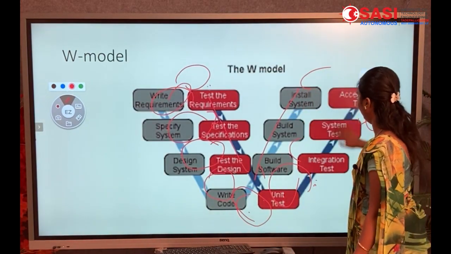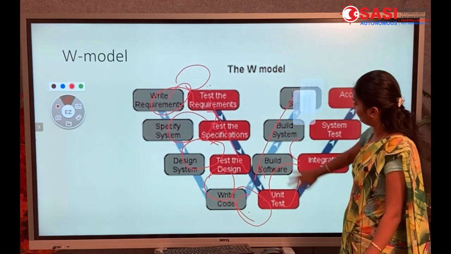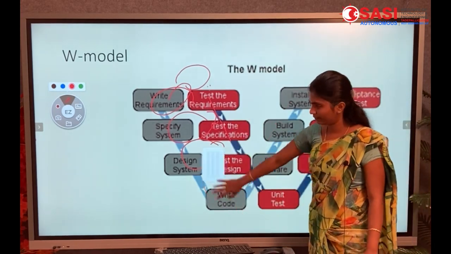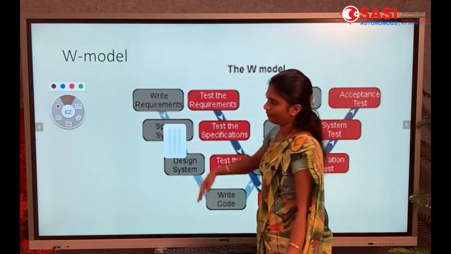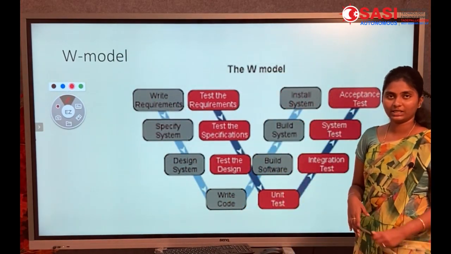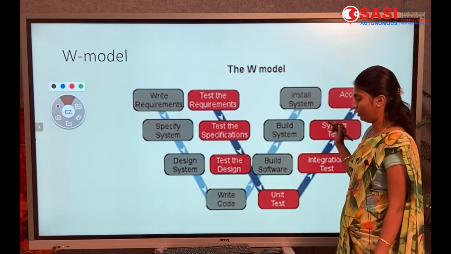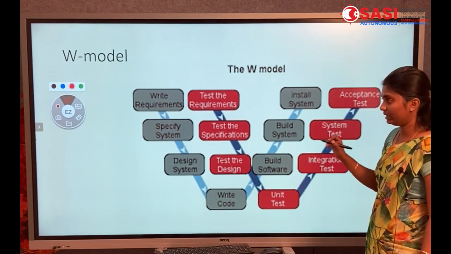Coming to the W model. So what is W model? In the W model also we can have different ways.